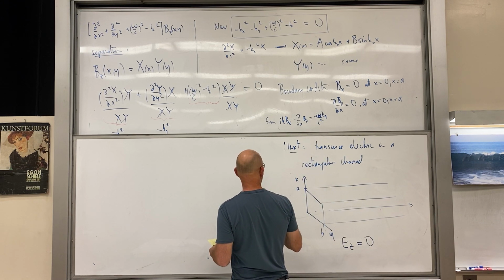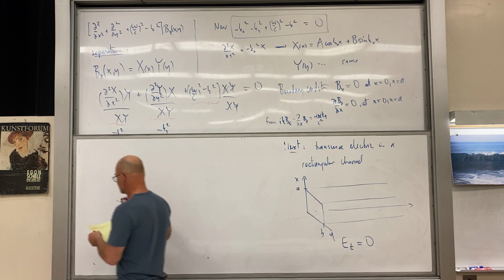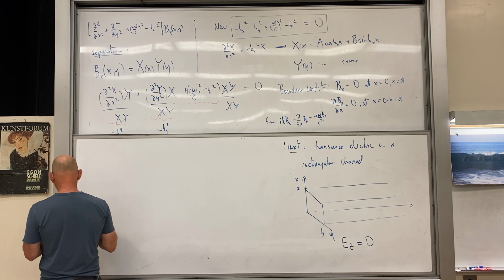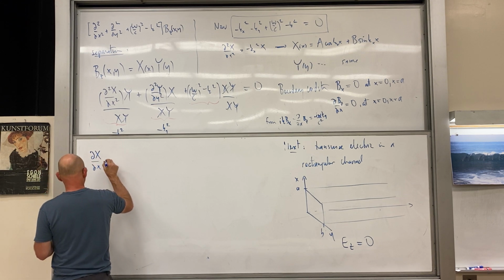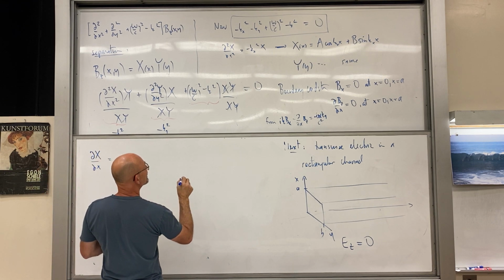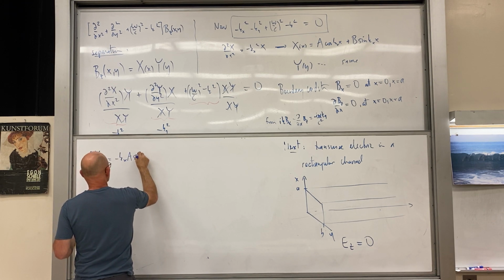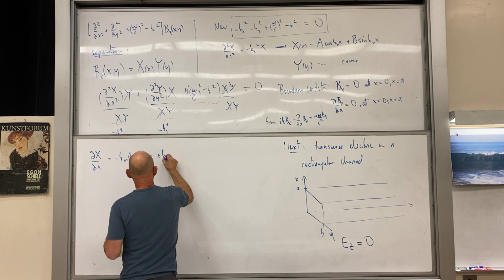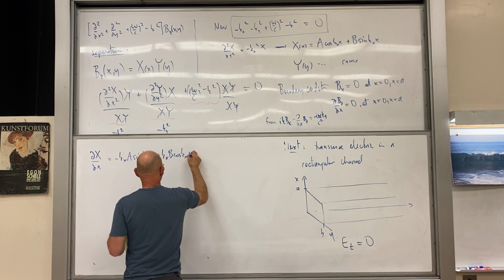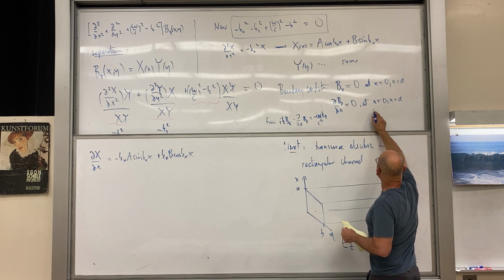So here we go. I'm going to go ahead and erase this. Well, I'll leave that picture up there. dBz/dx is minus kx A sin kx x plus kx B cos kx x, and that's supposed to vanish at x equals 0 and at x equals a.